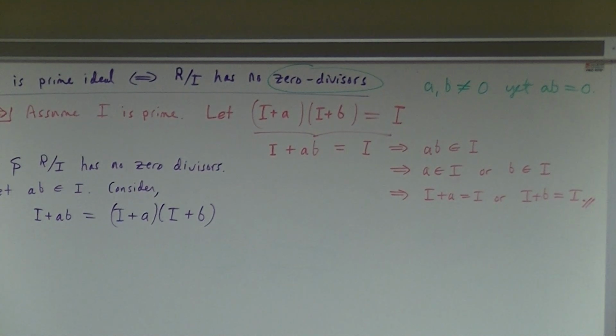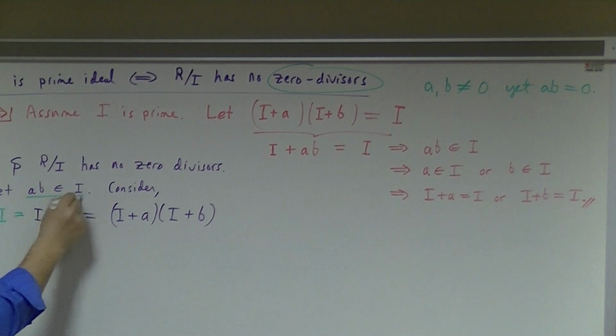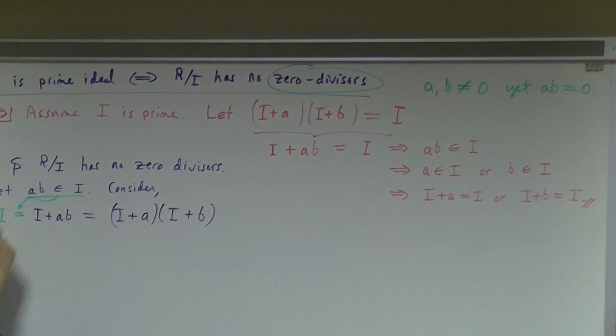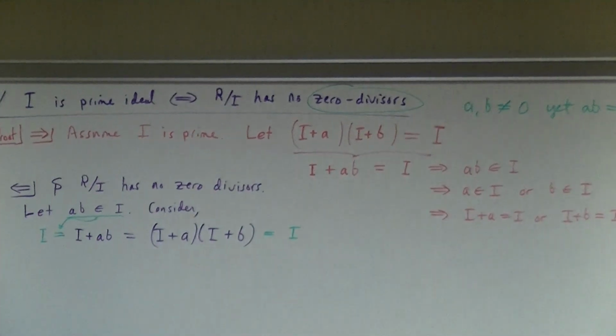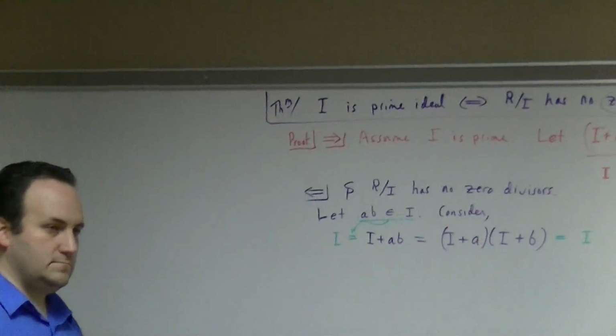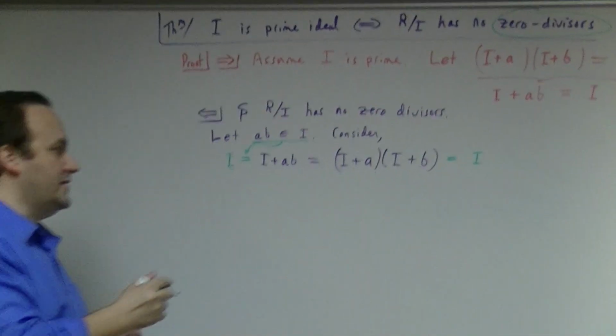Excuse me, still not quite to the point. This is what though? Yeah, this is I, that's the assumption, right? So I can say this is I. But again, no zero divisors.